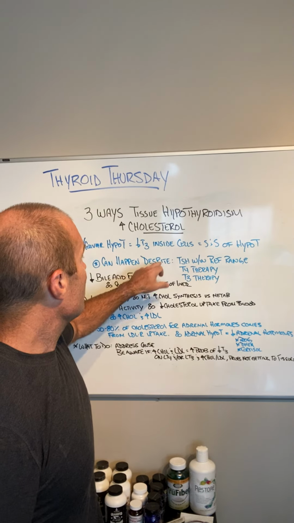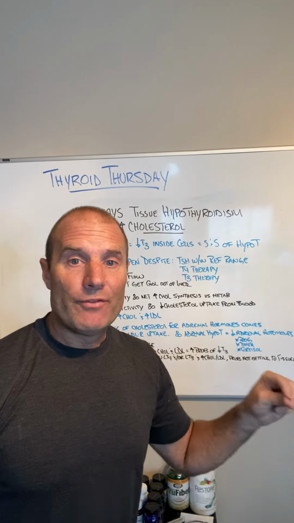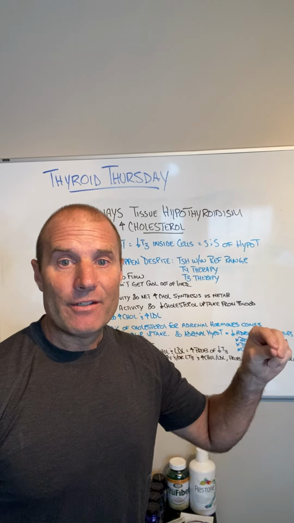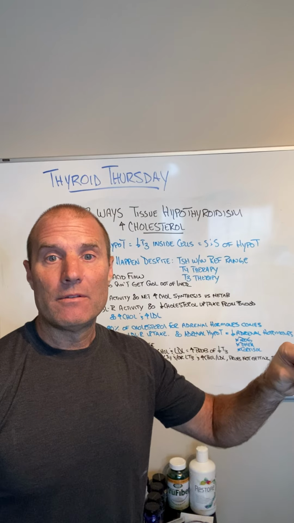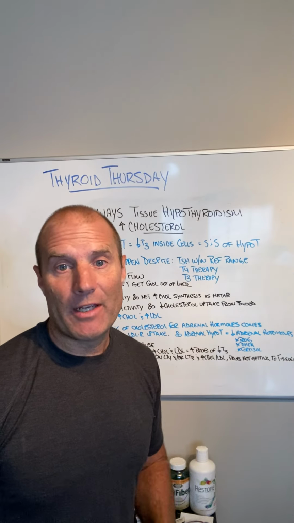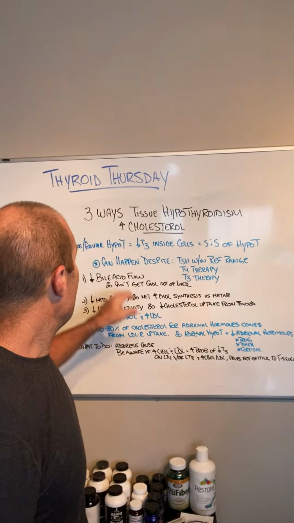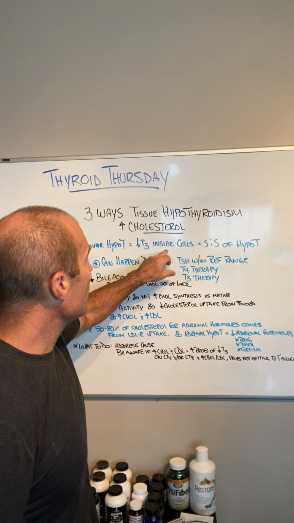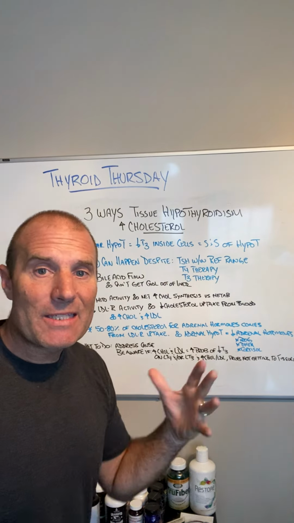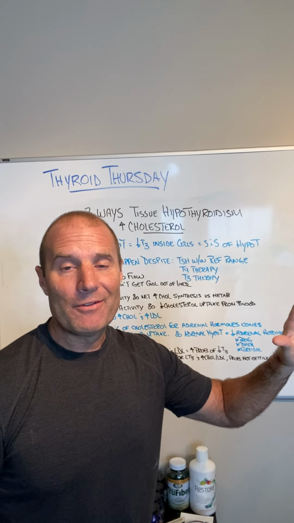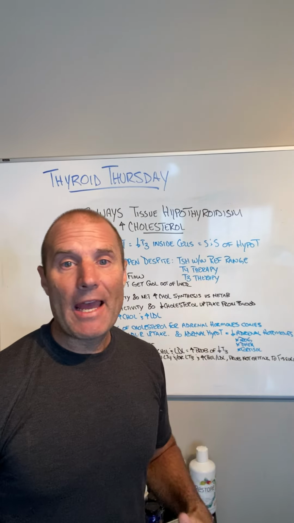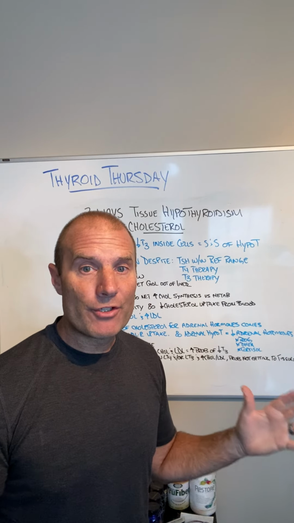It's also important to know that it is the reduction of T3 inside your cells and tissues that results in the symptoms or signs of hypothyroidism. You can have decreased T3 inside the cells despite having a perfectly functioning thyroid gland, despite having a TSH within the reference range.